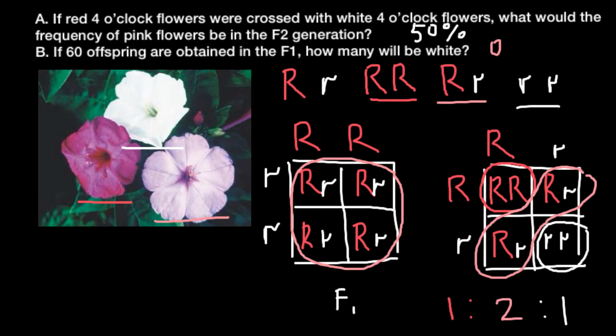This dominant allele produces a protein or pigment that makes red color in petals, and this allele here doesn't produce a different protein that makes white pigment. Actually, this is the same allele as this one, but it is mutated, so it cannot produce the same protein, or it would be misshapen, or it is going to be inactive.